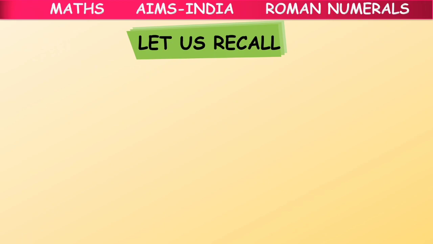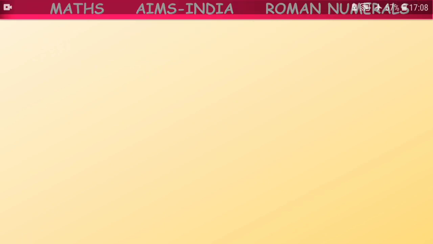Let us recall. In today's class, I took up the entire class only to explain the rules of Roman numbers. In tomorrow's class, we'll solve many examples using those rules. Okay, children? I want you to understand these Roman numerals very clearly.